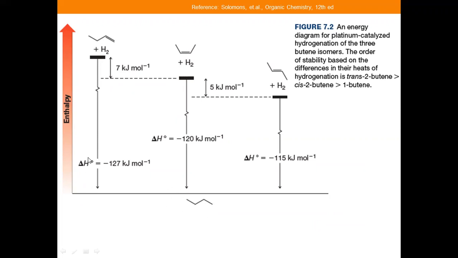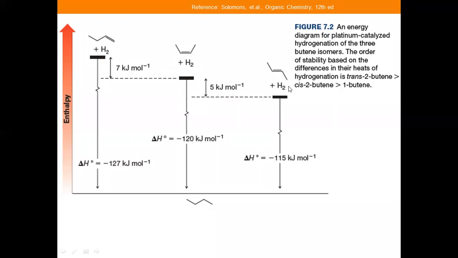So when the reaction occurs, the heat of hydrogenation is formed, energy released in the form of heat. For 1-butene, we produce negative 127 kilojoules per mole. And then you have negative 120 for the cis, and for the trans, negative 115. Okay, you've noticed here that the one that has the lowest heat of hydrogenation is the trans alkene.